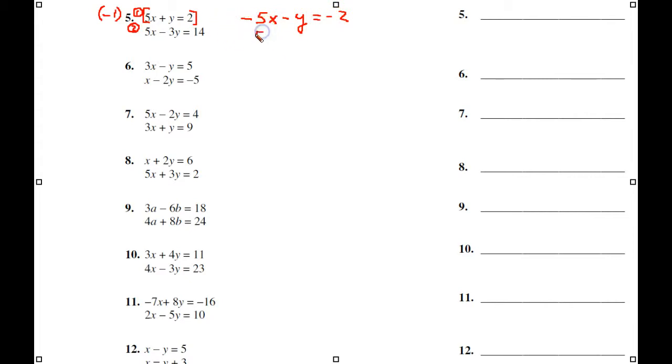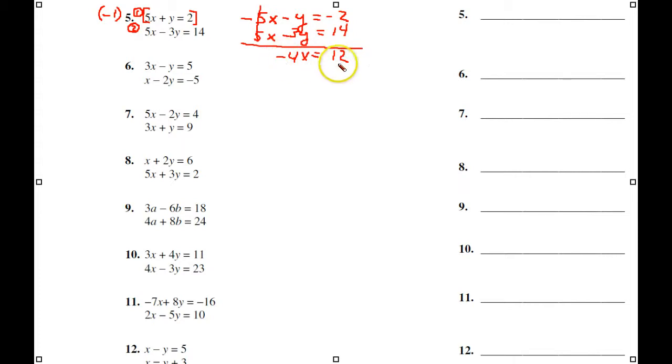So this now becomes 5x minus 3y equals 14. Now, the second equation, we don't change anything, because now when we put our line to add them together, these will cancel out, and I'll get a negative 4x equals 12.